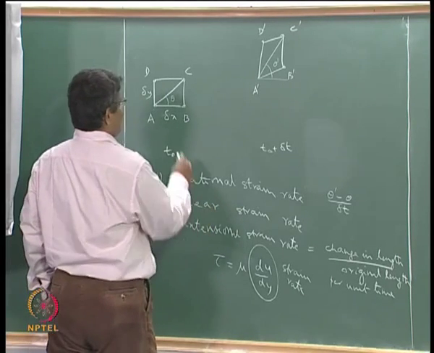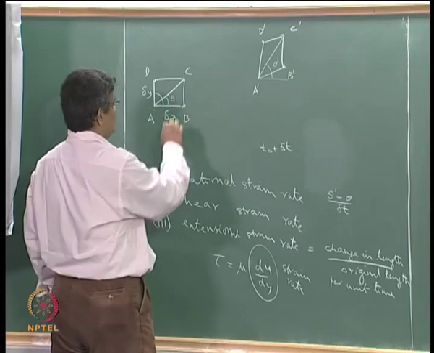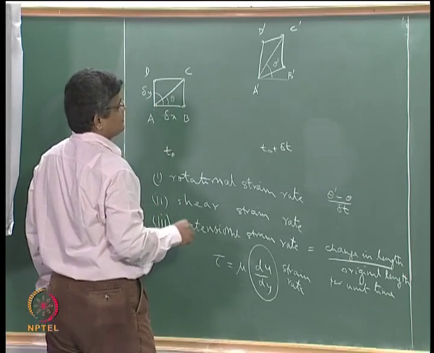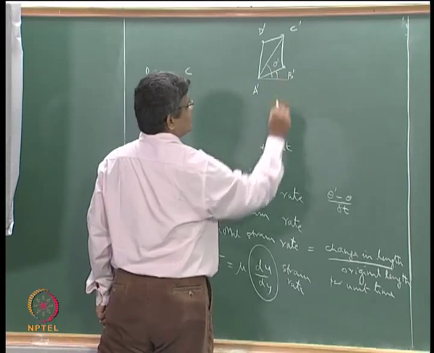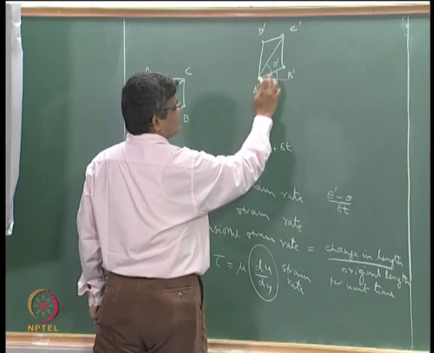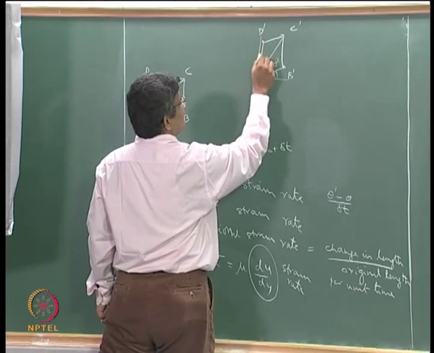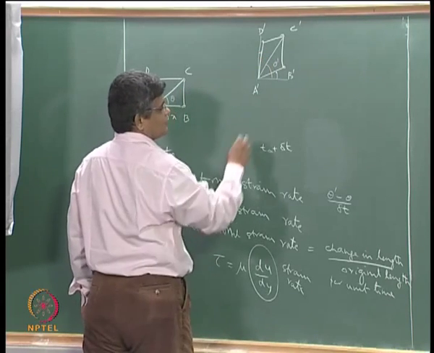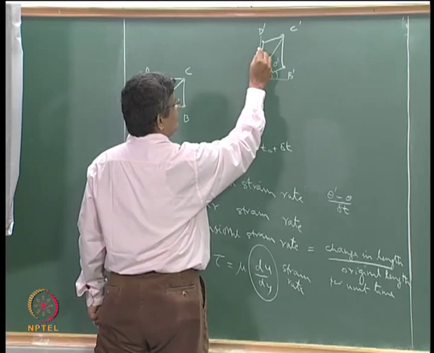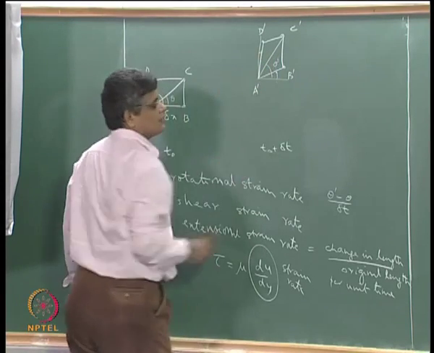Shear strain is the amount by which this particular angle here has decreased. You can see that if this particular side AB has shifted so much, and this AD here has shifted so much with respect to this, then the initial 90 degrees minus this will give you the new angle.